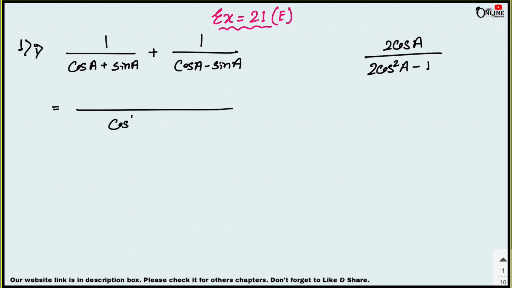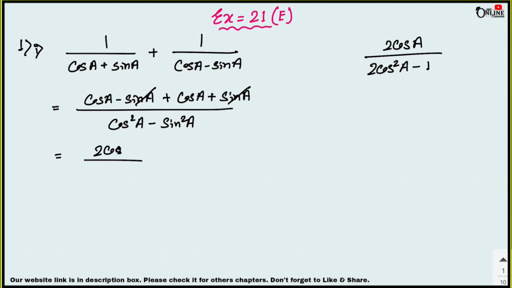So you can write down here cos square A minus sin square A. Okay, because the first one here the denominator is cos A plus sin A, second one denominator is cos A minus sin A. So A plus B, A minus B, so the LCM equal to A square minus B square. So write down here cos A minus sin A and here cos A plus sin A. So sin A cancel out, this one equal to 2 cos A.